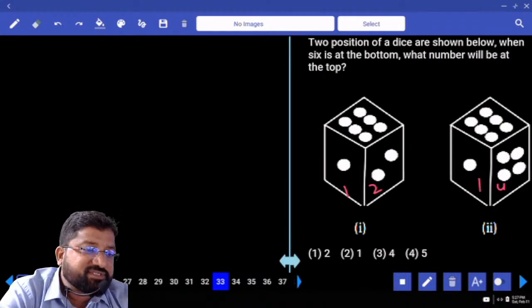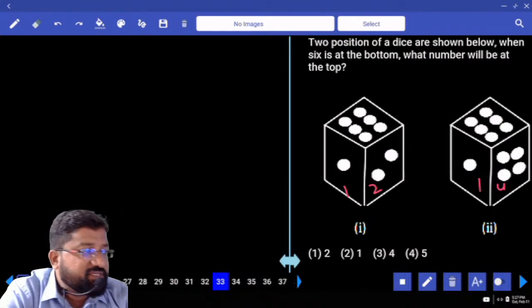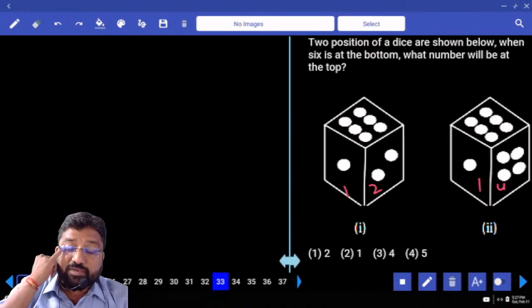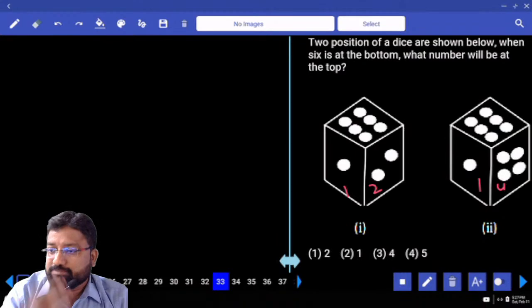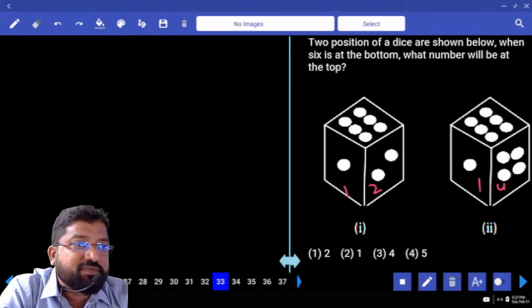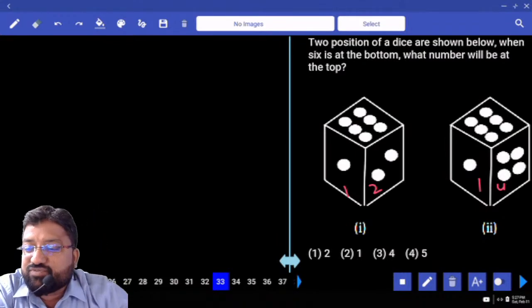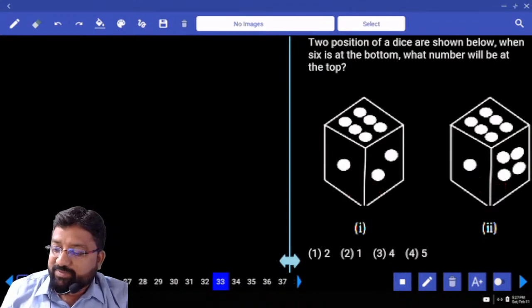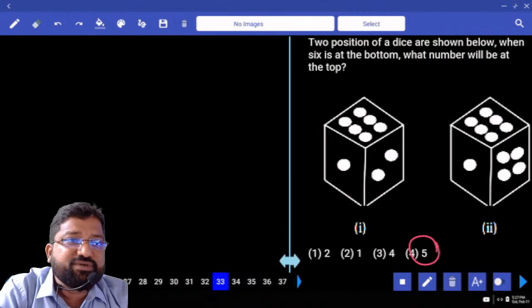Should it be adjacent to 5 or 3? 100% guarantee 6 has to be adjacent to 5.